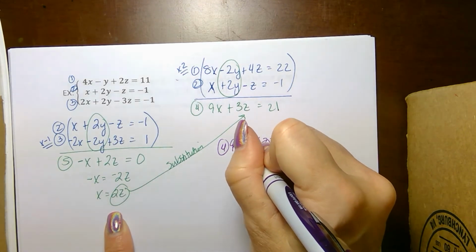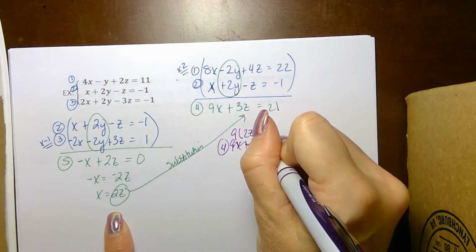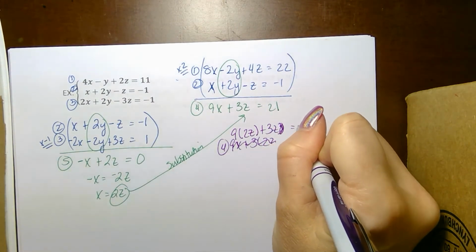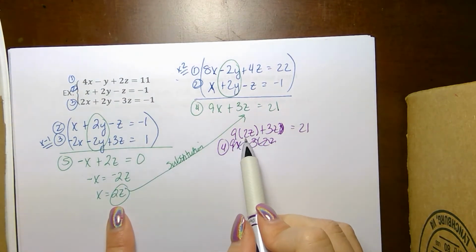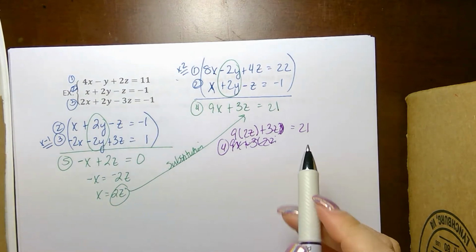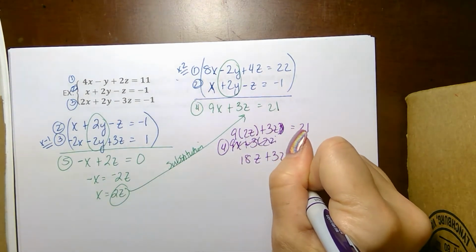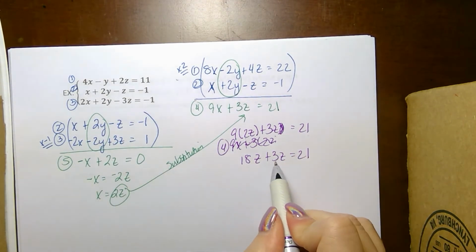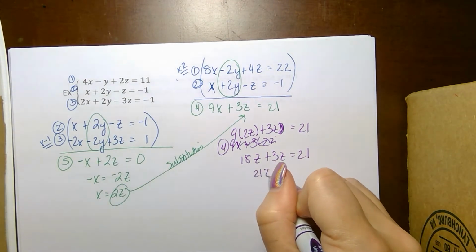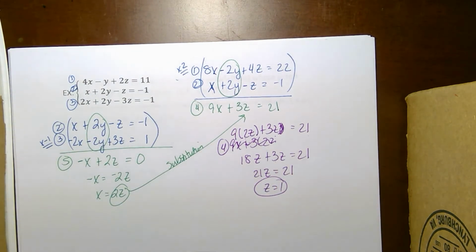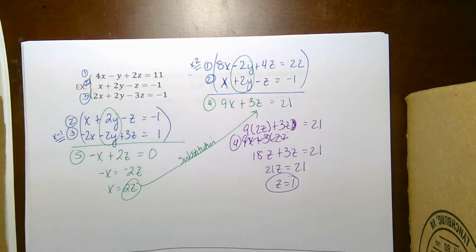So 9 times 2z plus 3z equals 21. 9 plus 2 times 2z plus 3z equals 21. That's my substitution. So I get 18z plus 3z equals 21. Well, 18z and 3z is 21z. So z is just 1. Z is 1.